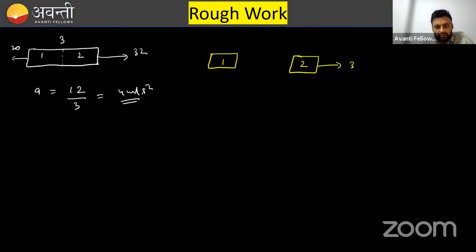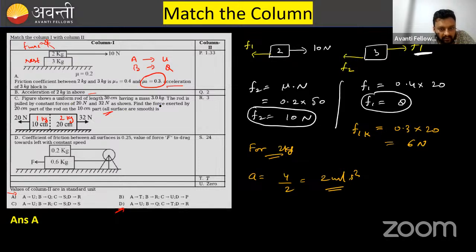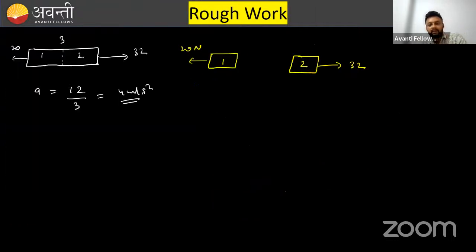2 kg part has a force of 32 Newton. It has a force of 20 Newton. And what they are asking, find the force exerted by 20 centimeter part of the rod on the 10 centimeter part.